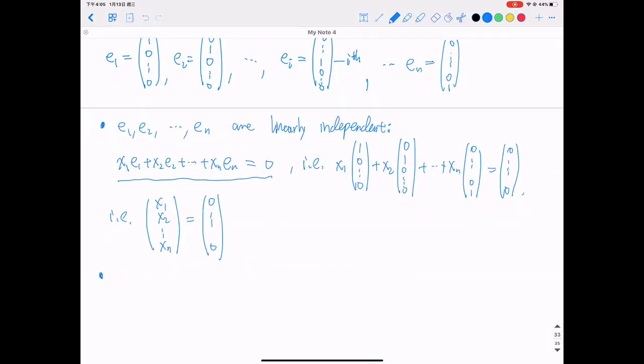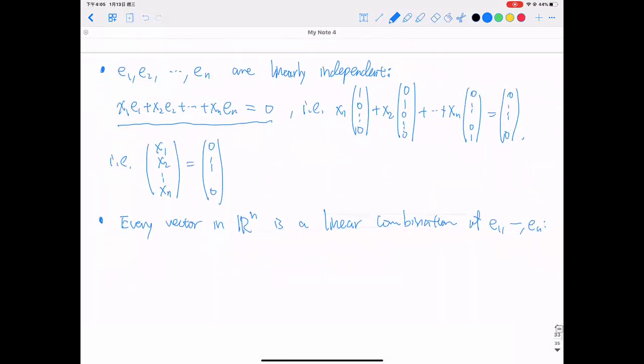Now, another thing to notice is that every vector in Rn is a linear combination of E1 through En. And that's easy because if you have your vector a1 through an, all you have to do is write it as the following linear combination.